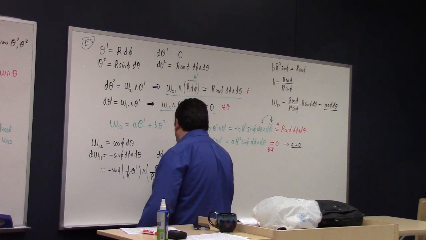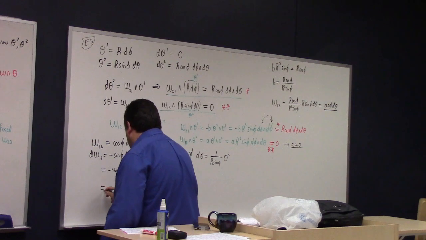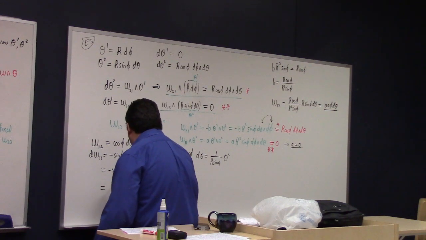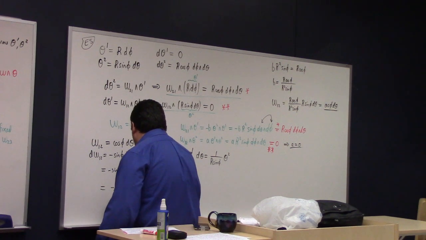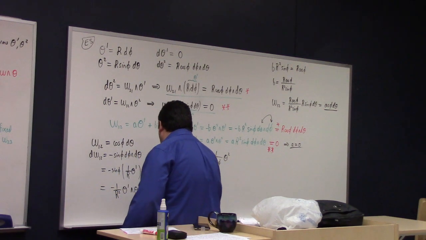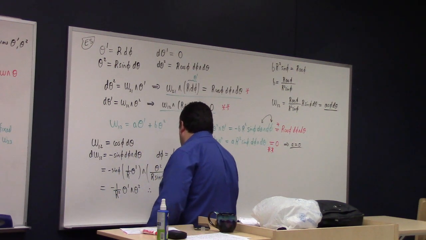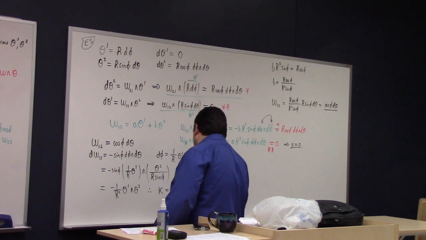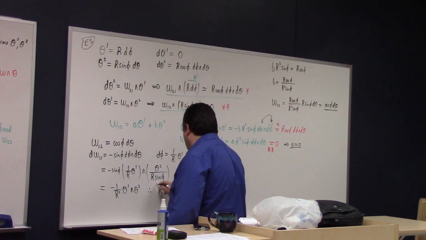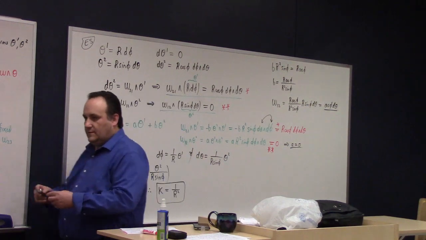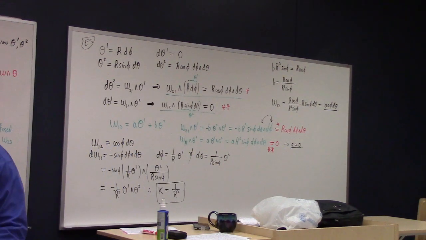The sine phi's, they be canceling. And we get minus 1 over r squared theta 1 wedge theta 2. Therefore, the Gaussian curvature for a sphere is 1 over r squared. It's the coolest thing I've said all week.